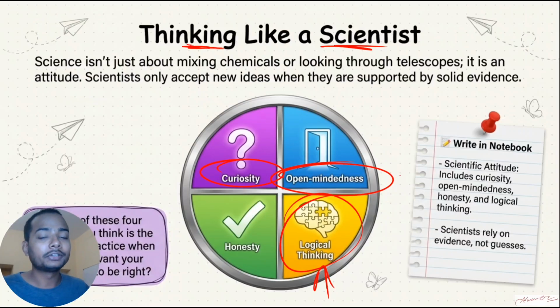Let me explain one research done by a scientist. I'm not taking his name now. He tried measuring the weight of the soul when a person is dying. He tried to find out the weight of that soul when it leaves the body.